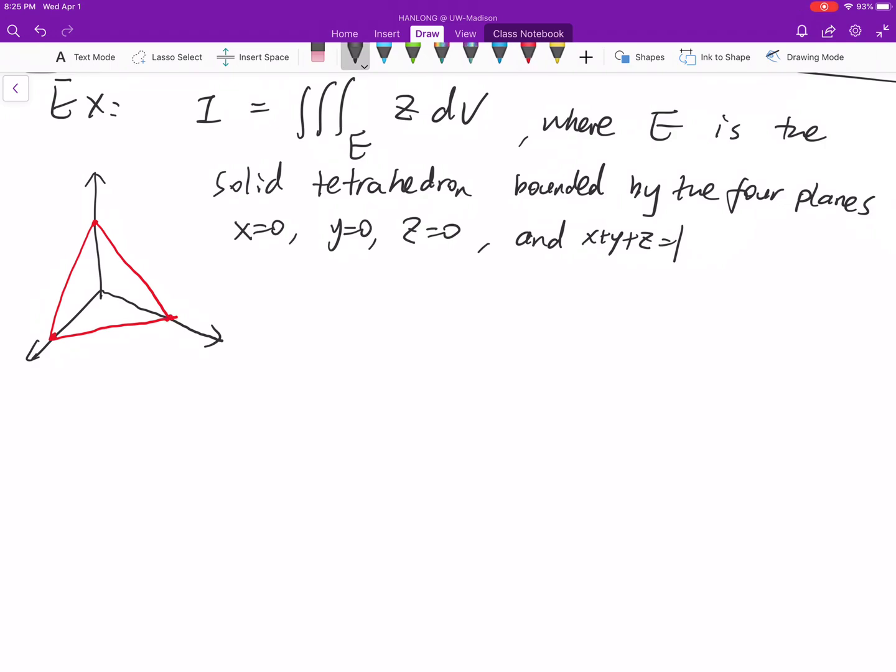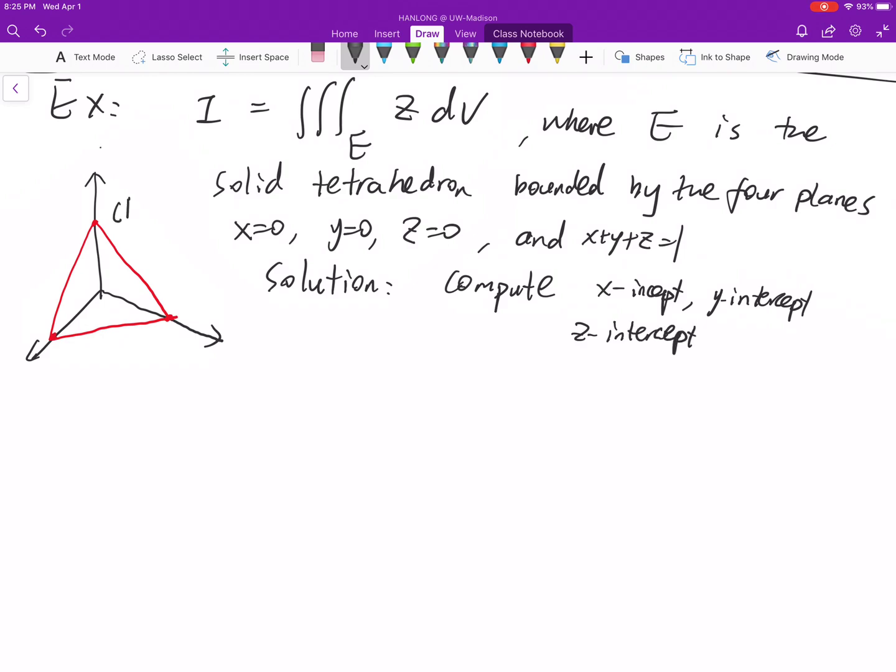Okay, and then to draw the picture, let's compute the x-intercept, y-intercept, z-intercept.